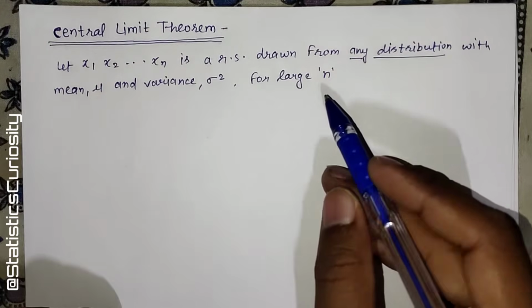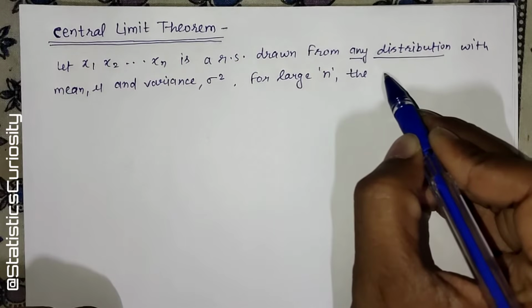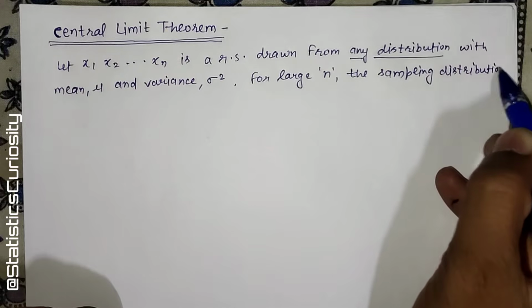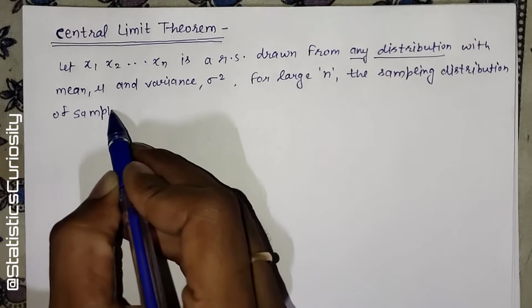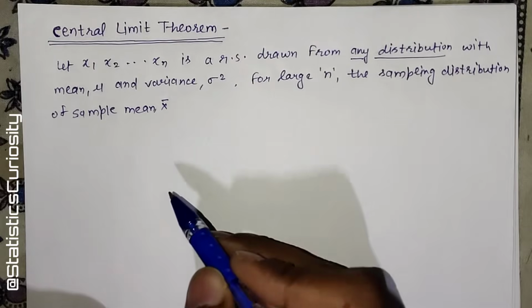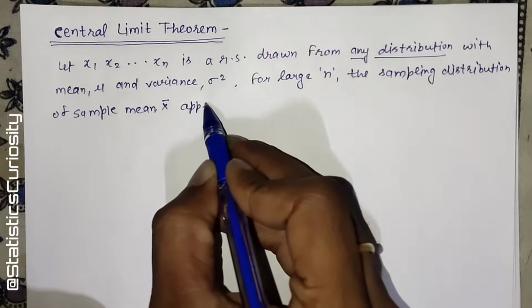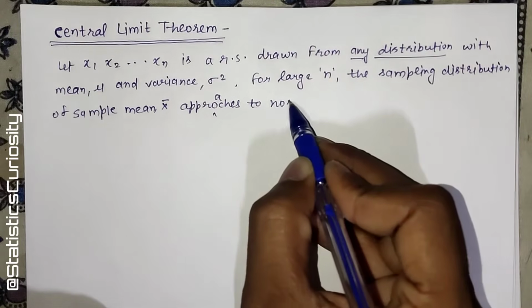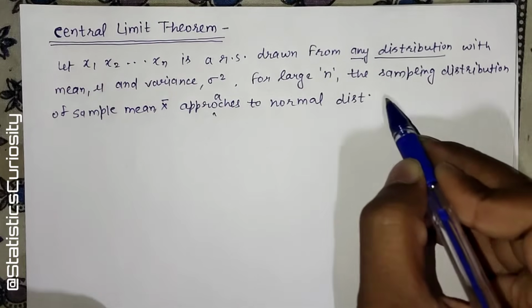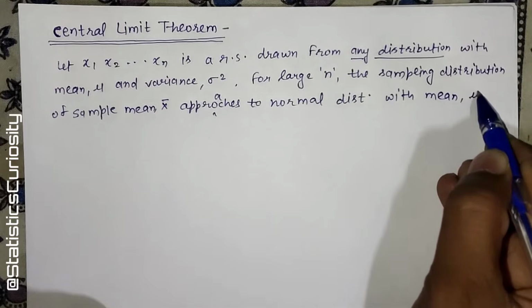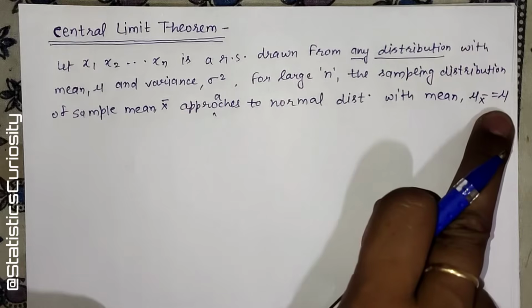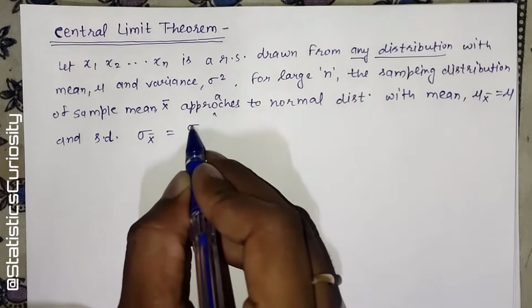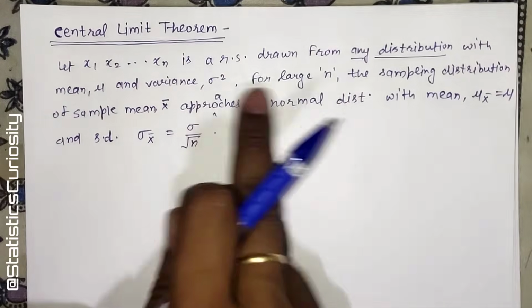For large n, the sampling distribution of sample mean x bar approaches a normal distribution with mean mu x bar equal to mu, which is the mean of the parent population, and standard deviation sigma x bar equal to sigma divided by root n, where sigma is the standard deviation of the parent population.